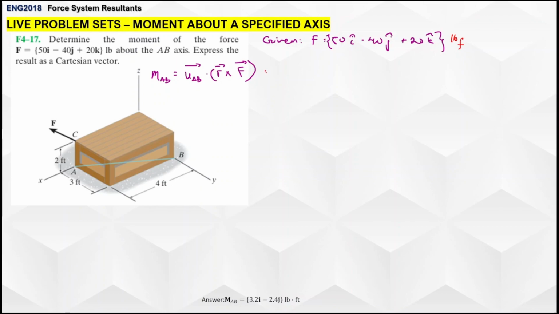This is the moment magnitude. And for you to get the moment in Cartesian vector notation, you have to multiply it by the unit vector AB. We're being asked for the moment that's going to be rotating about axis AB.